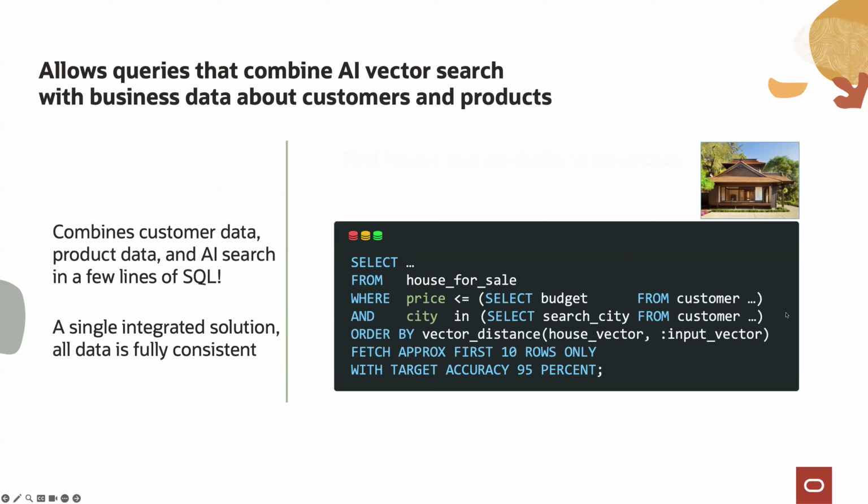Now, while that might be a nice feature to be able to say, hey, I'm looking for pictures that look like a picture that I'm presenting, from a business standpoint, it's not that valuable, right? It's no good if the house it's showing me is based in Tokyo, or if the house is well and truly above the budget that I have looking for houses for sale.